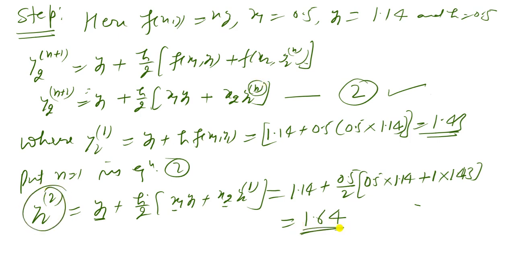That is, in the iterations, put the value of n replaced by 1, 2, 3 and so on.